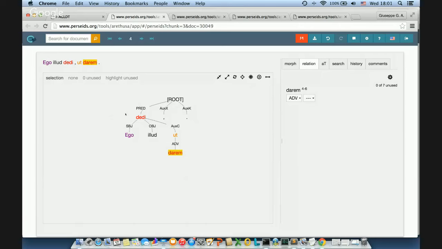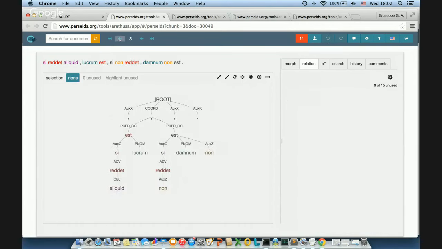So let me make some final comments. As you can see, there is much logic in treebanking. And I hope you appreciated the fact that when you start treebanking, you are required to reflect on the function of each word, and sometimes this helps you to understand the meaning of a sentence much better.